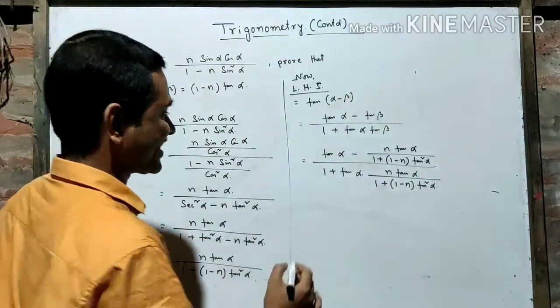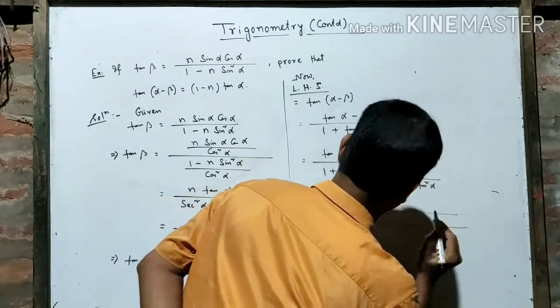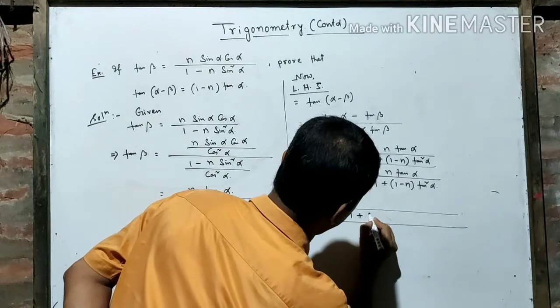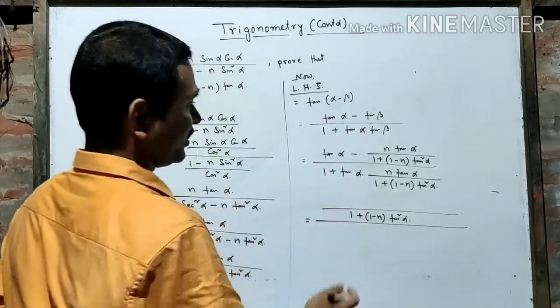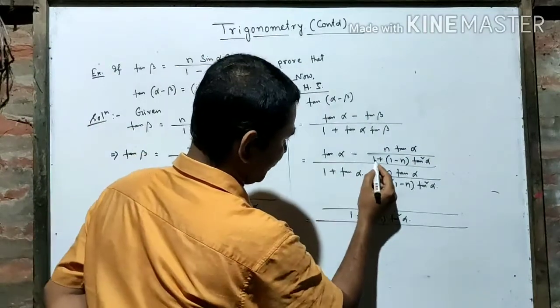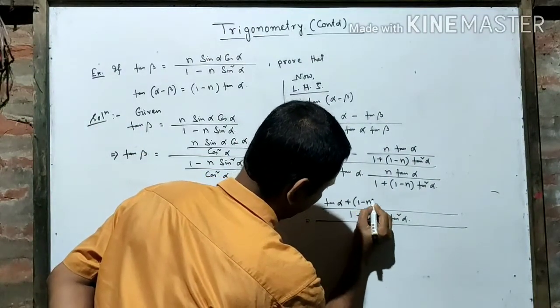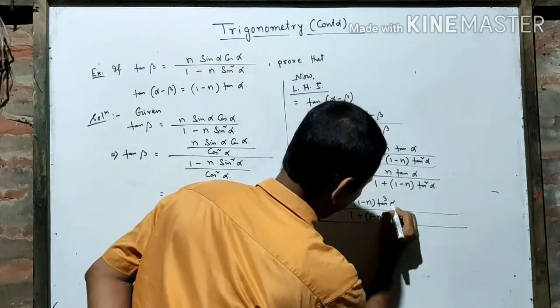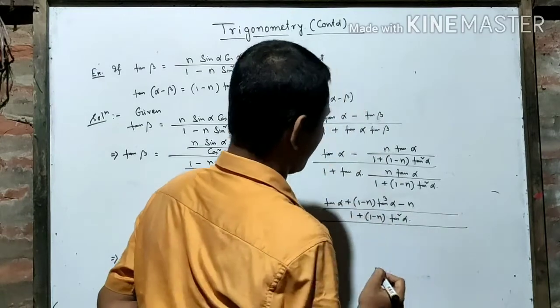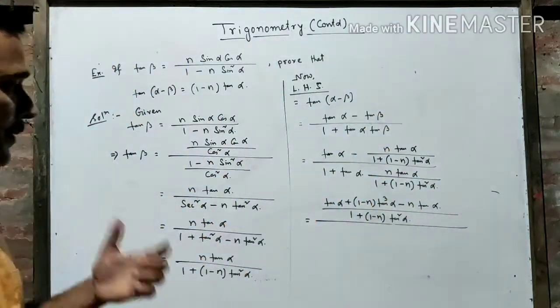Let us take LCM. In the numerator, 1 plus (1 minus n) tan square alpha is the LCM. So multiply it here: tan alpha into 1 is tan alpha, plus (1 minus n) tan alpha into tan square alpha is tan cube alpha, minus n tan alpha.